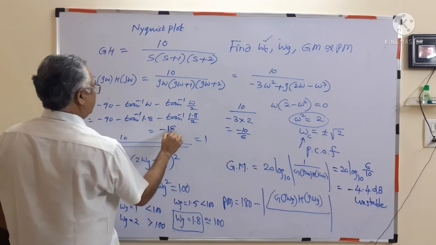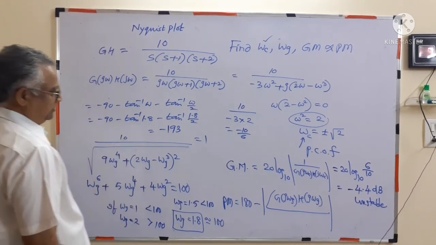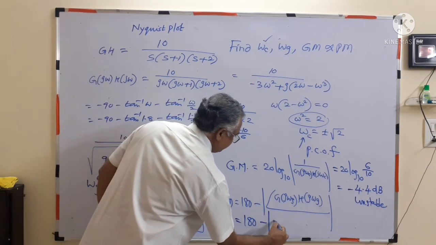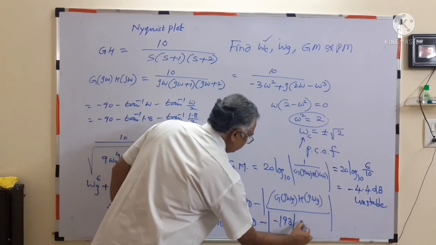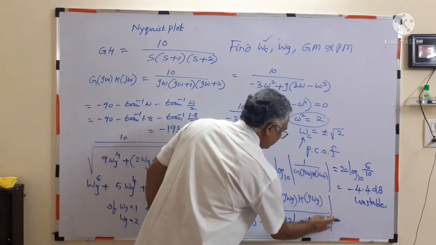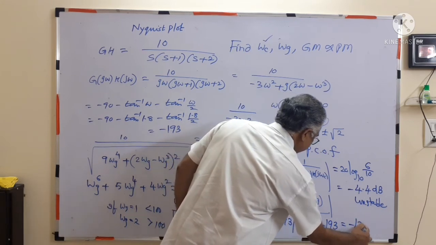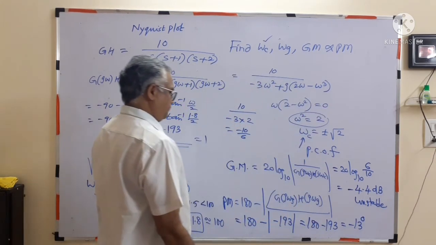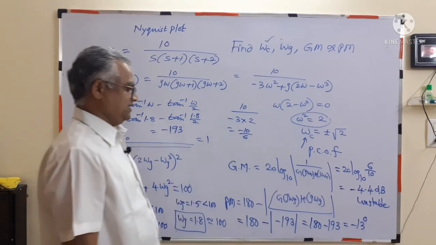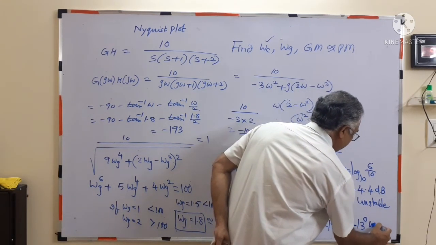We will get minus 193. So this is equal to 180 minus mod of minus 193, which is 180 minus 193 equal to minus 13. So minus 13 degrees is the phase margin. Because of this negative, again unstable.